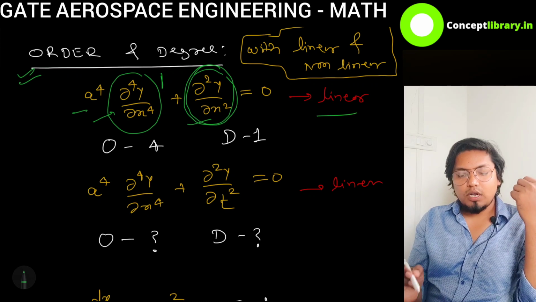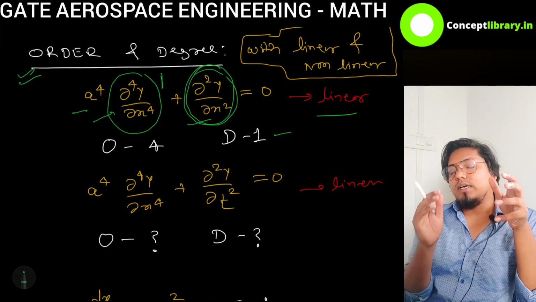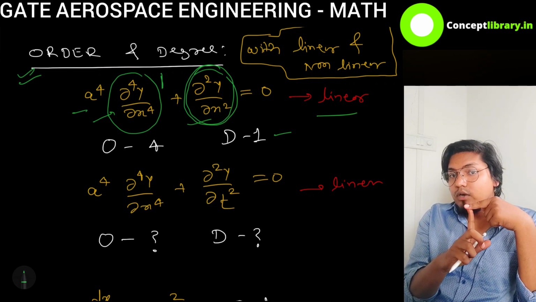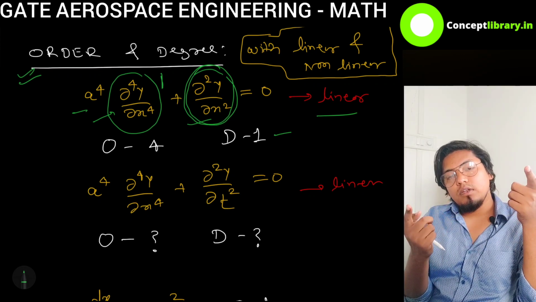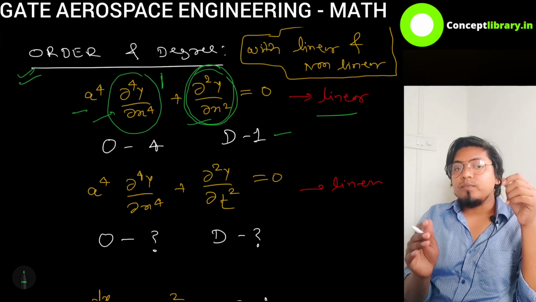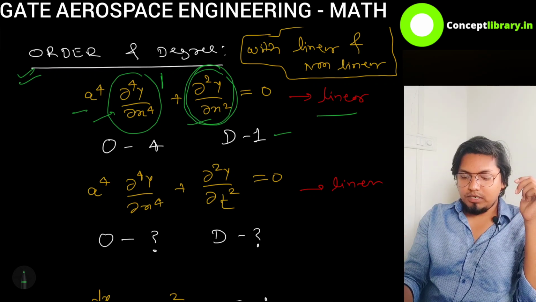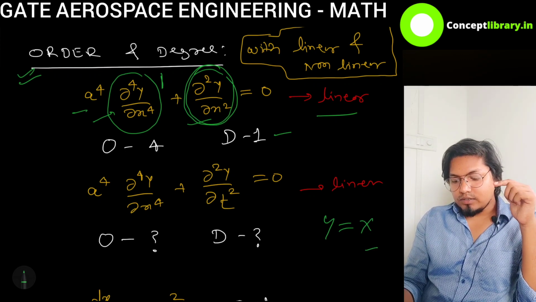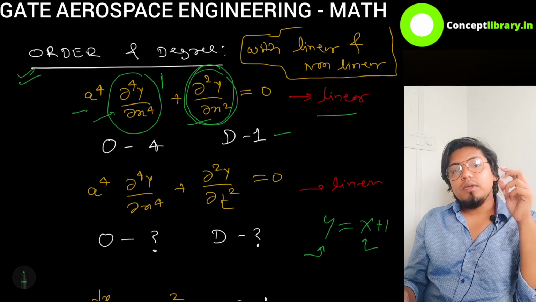Is it linear or not? How will you check? I will explain. See guys, in the entire equation, what is the independent variable and what is the dependent variable? For example, if I am writing y is equal to x plus 1, I am saying x is my independent variable, but y depends on x, so y is the dependent variable.